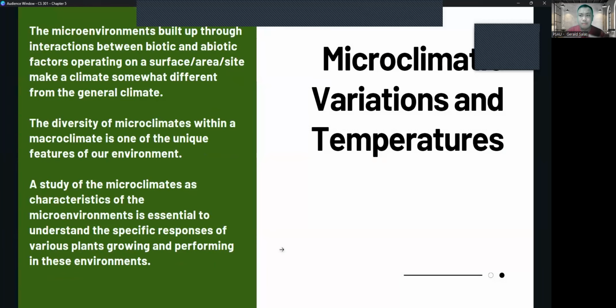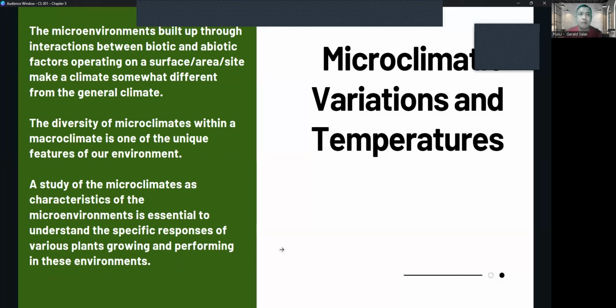Now, among these, we form what we call microenvironments, and in these microenvironments, there is what we call microclimate. So for example, when you go to a forest, particularly a rainforest, it has a different temperature compared to a different place in the same region.